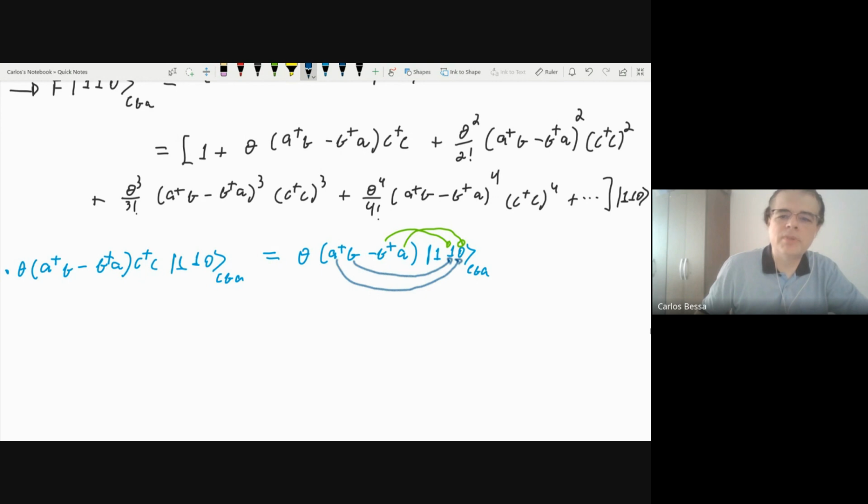Now, A plus applied to the vacuum will create this theta 1, that's this. This B applied to the single mode, destroys the photon, and this is 0. And this applied to this creates this one. And we have this. This is the state now. So this is the effect of this term. This term here. Okay.